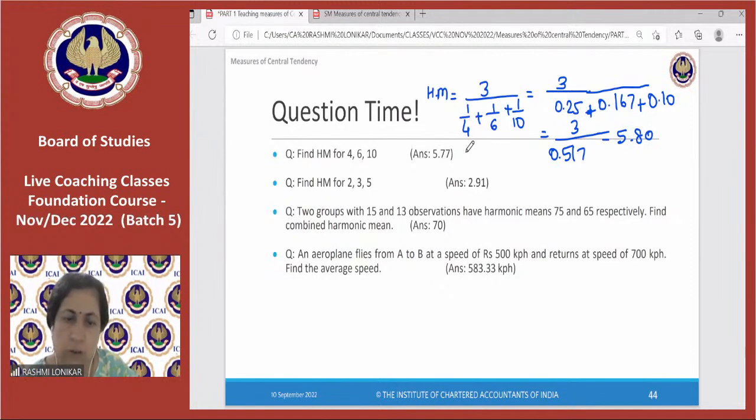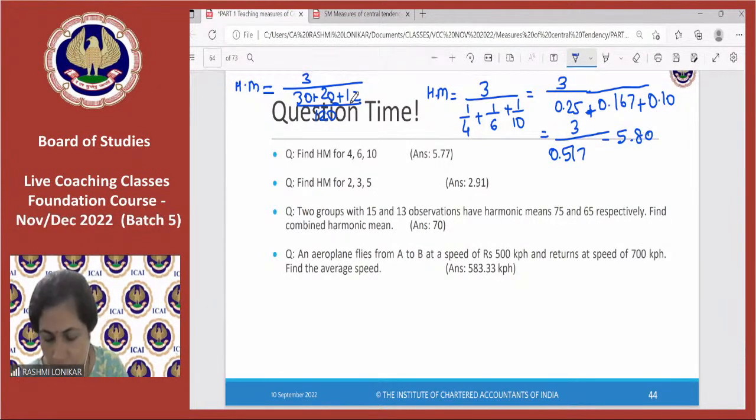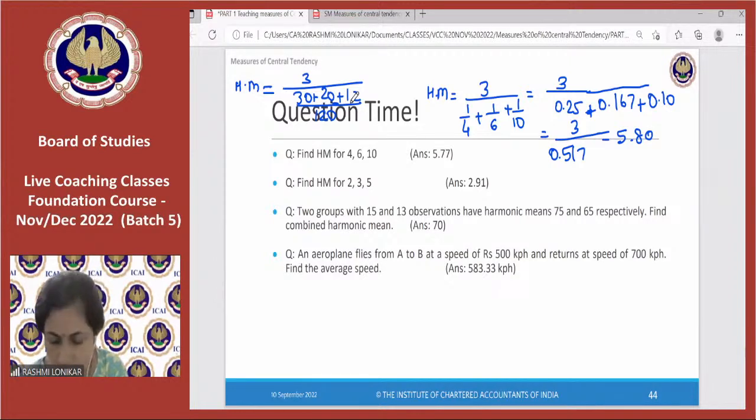Or if you take the LCM, you will get a slightly different answer. Suppose I take 120 as the LCM. Then HM is equal to 3 upon, with 120 as the LCM, 30 plus 20 plus 12. That is 62. So 3 into 120 is 360.